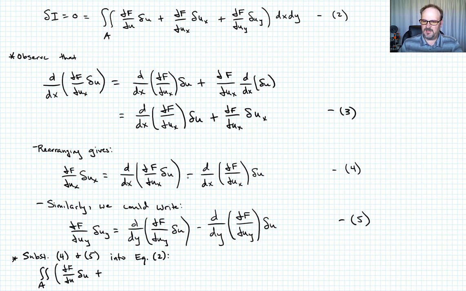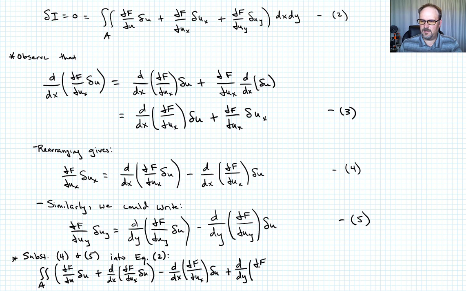Plus, and I'm going to substitute equation 4 in here: d/dx of partial f with respect to ux times delta u, minus d/dx of partial f with respect to ux times delta u, plus d/dy of partial f with respect to uy times delta u, minus d/dy of partial f with respect to uy times delta u.